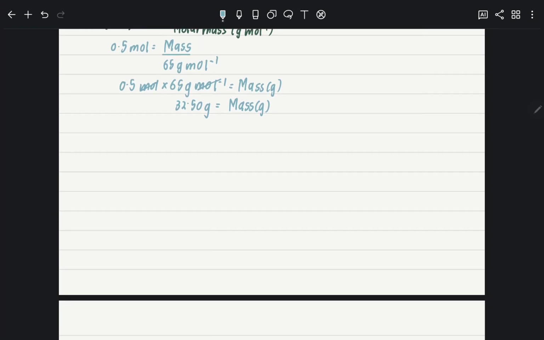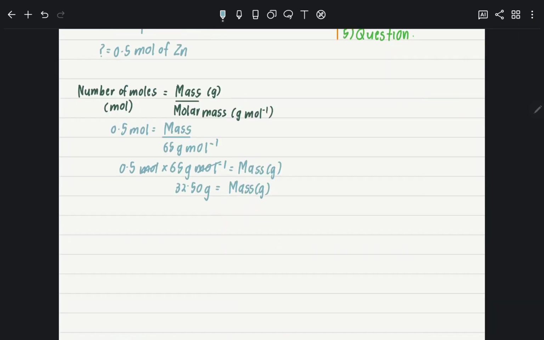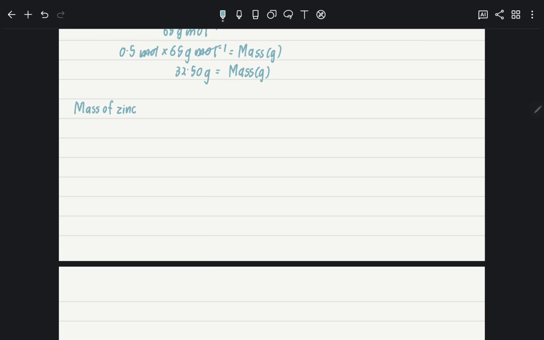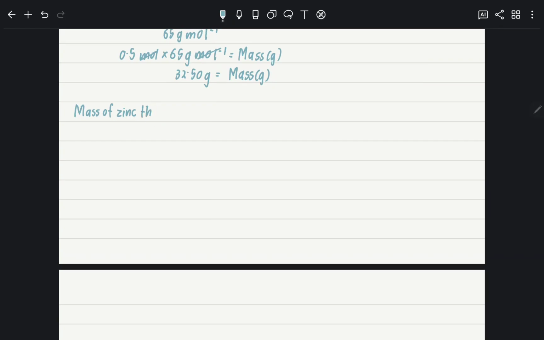So you can simply write: mass of zinc that should be used is 32.50 gram. So this is my final answer.